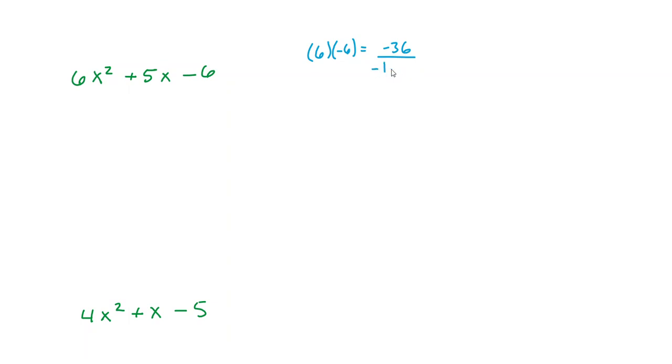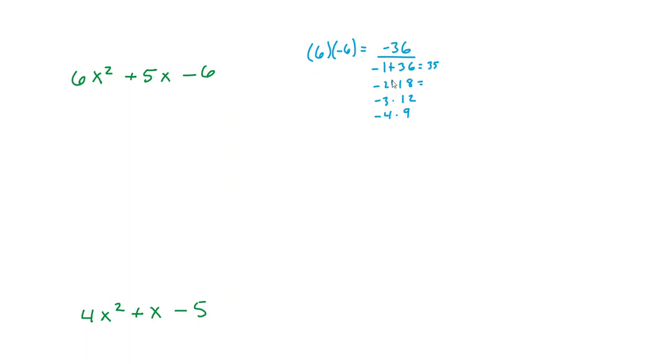Well, negative 1 times 36, negative 2 times 18, negative 3 times 12, negative 4 times 9, and I haven't been explicitly saying that I'm adding these up as I go along, but I am. I'm taking mental note. What is the sum?